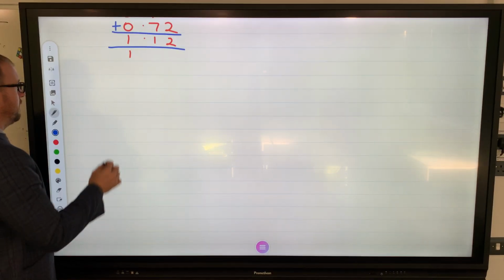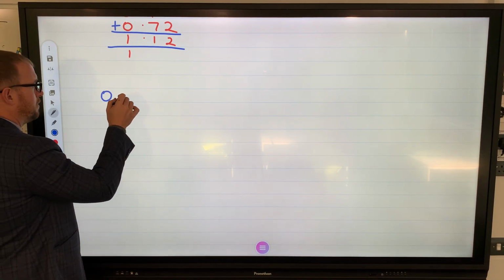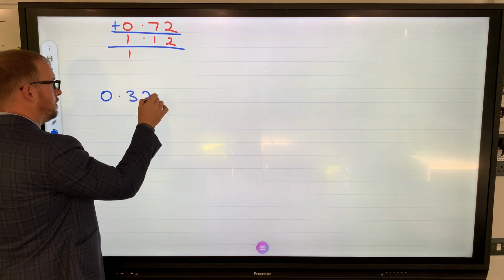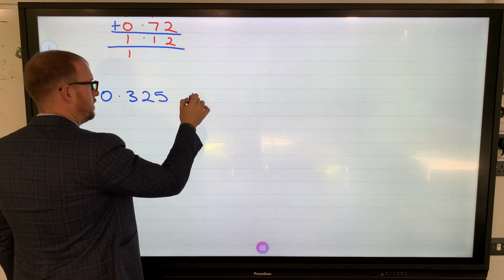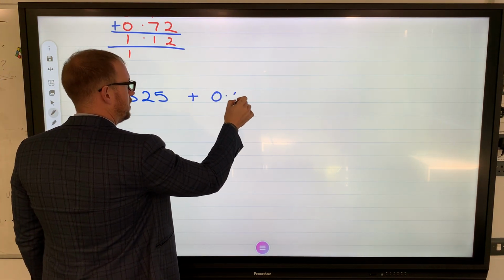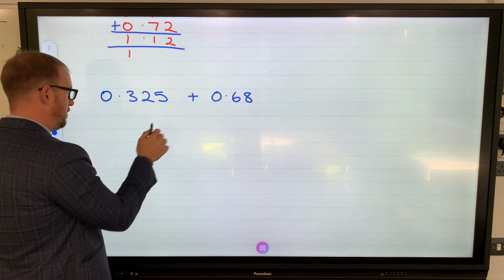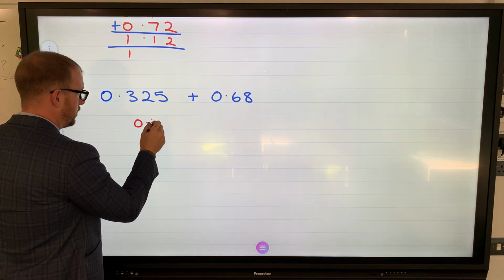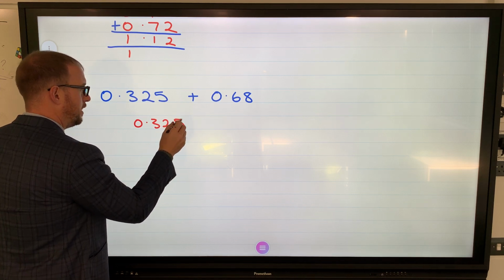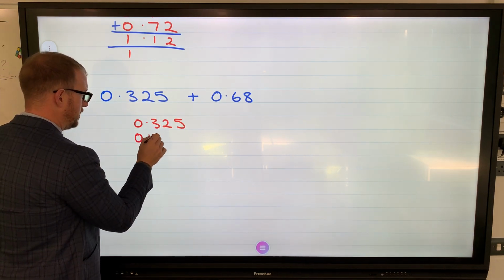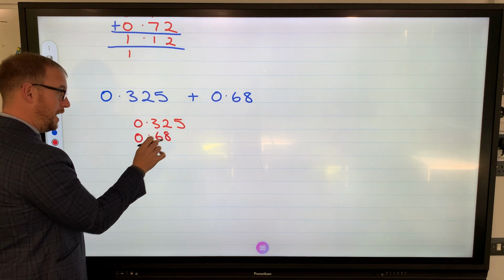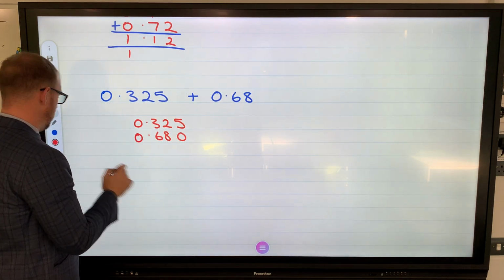So how about then, if I had some numbers with more digits, 0.325 and 0.68. Use a column method again, 0.325 and 0.68. I've got a gap, place value holder.